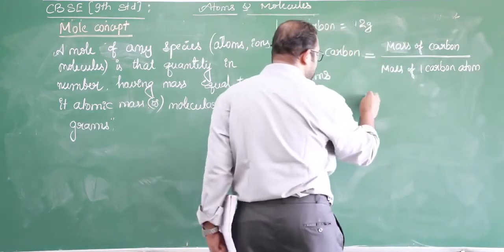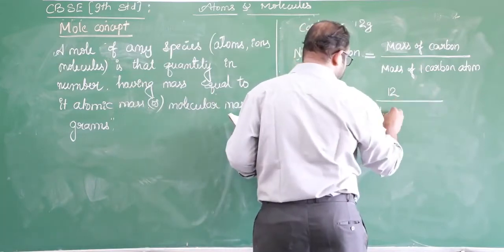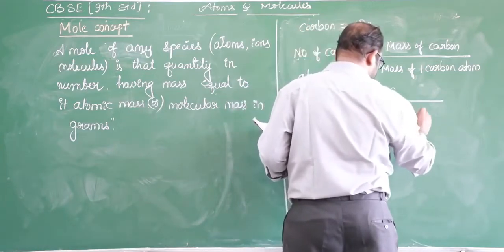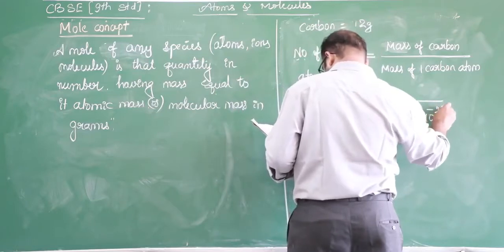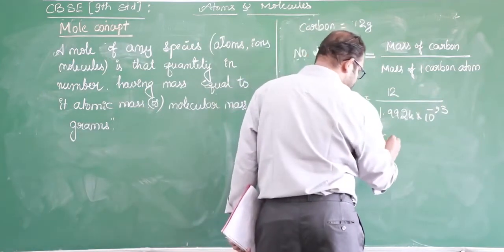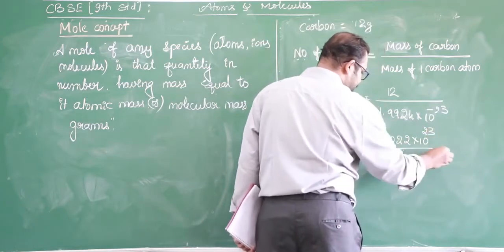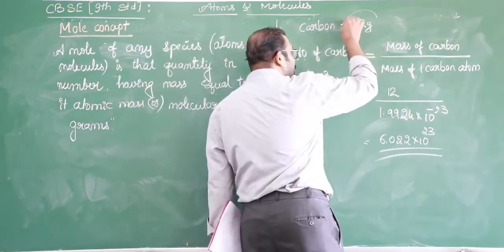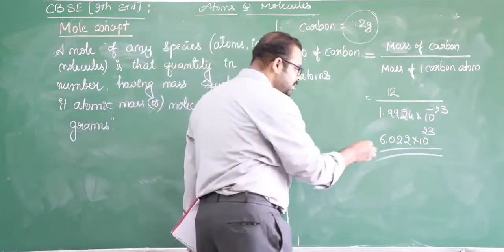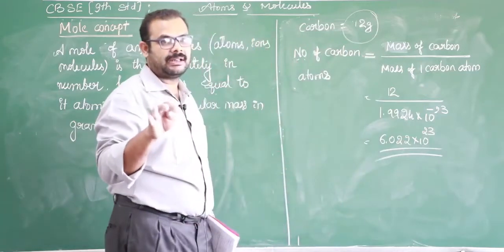The mass of carbon here is 12 gram, and the mass of one carbon atom is 1.99 into 10 to the power of minus 23 gram. If you solve this, you will get 6.022 into 10 to the power of 23. So in 12 gram of carbon, 6.022 into 10 to the power of 23 carbon atoms are present.